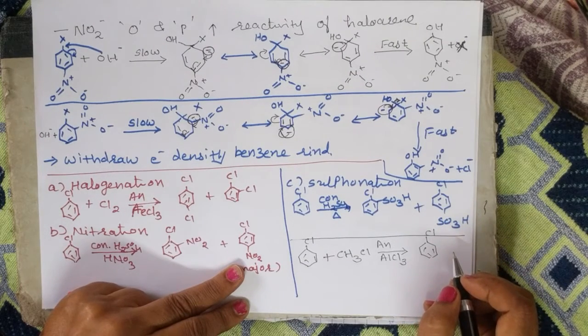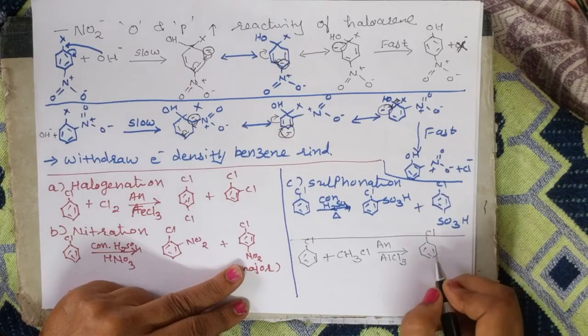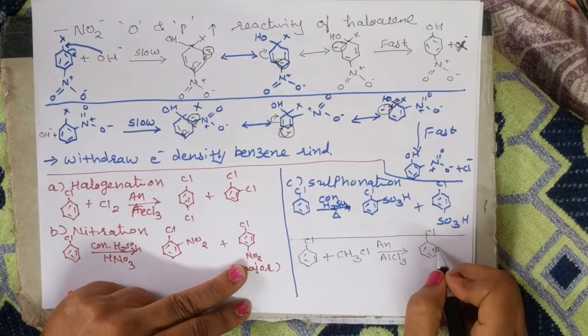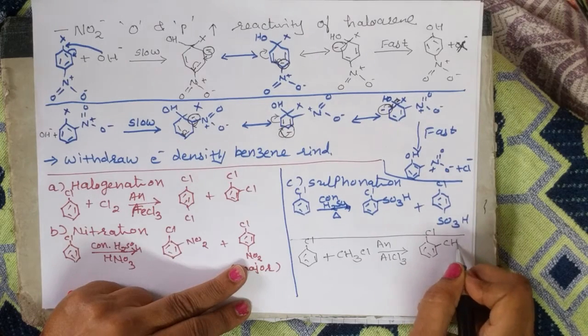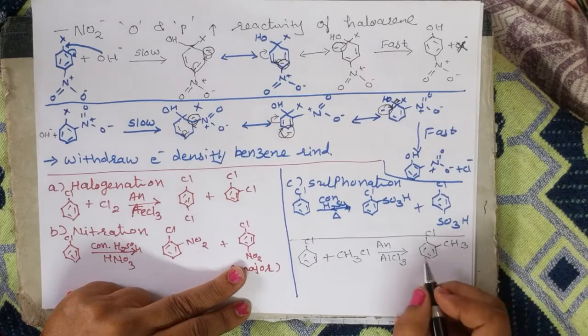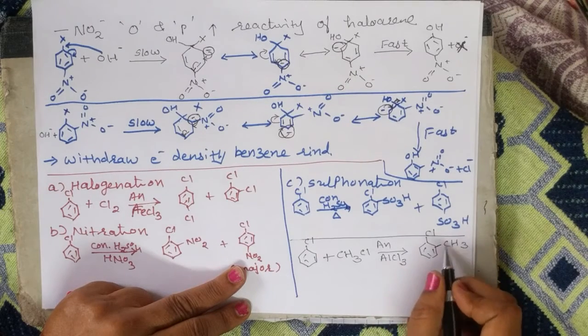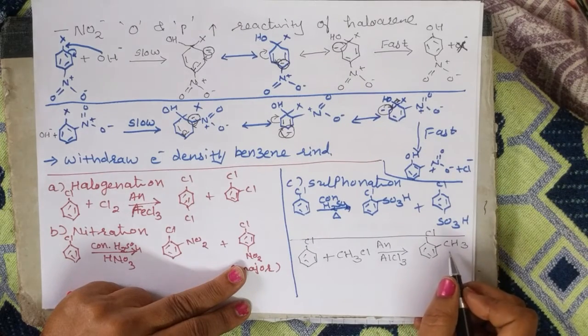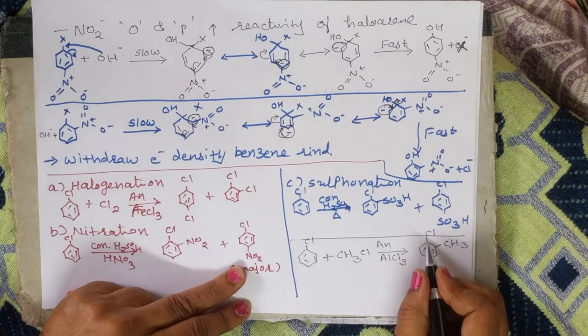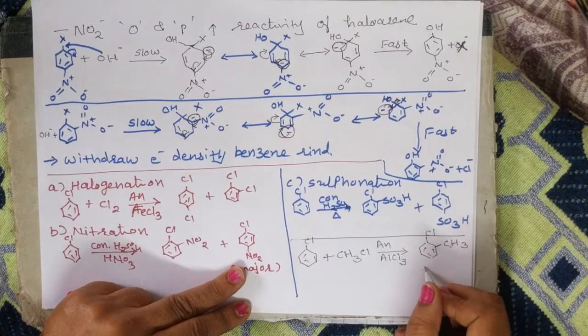And in the same way the product is... sorry students, as we are doing alkylation, here we get the toluene derivative, 1-chloro-2-methylbenzene. Here also methyl is the substituted product, so we'll start numbering from the 1-chloro.